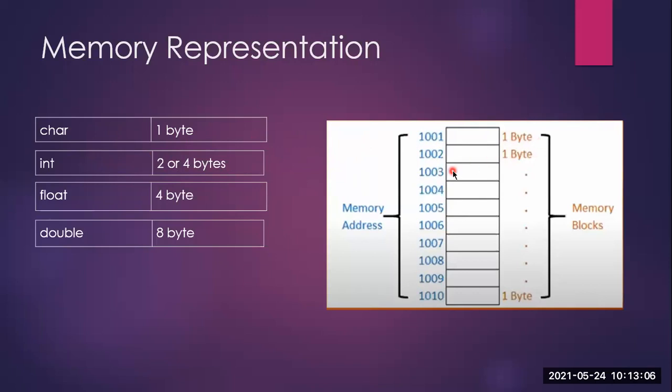Let me repeat once again. We are talking about memory representation in the computer system. So what we are trying to understand here is, whenever we have to work on certain programs, we declare certain things, or we need to work on the computer, certain memory from the computer is allocated to our file or to our program for the execution.